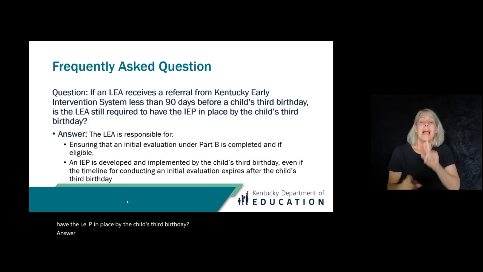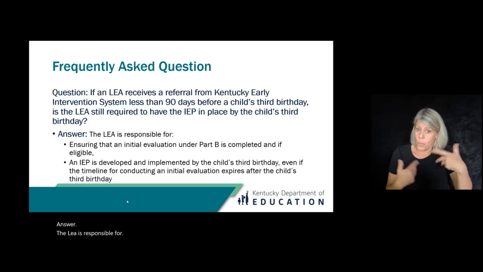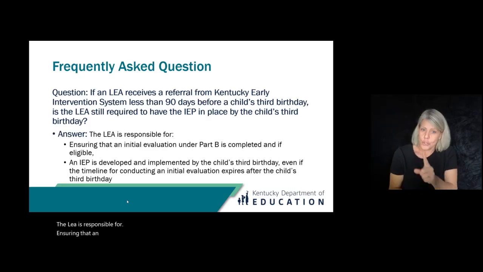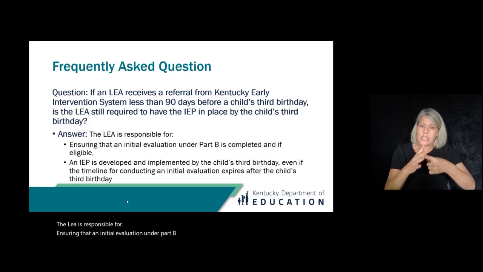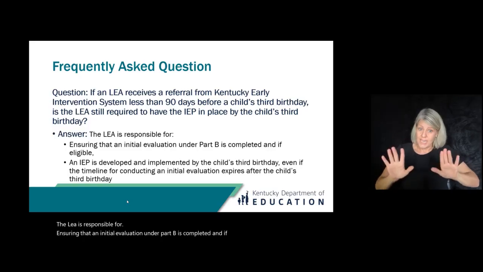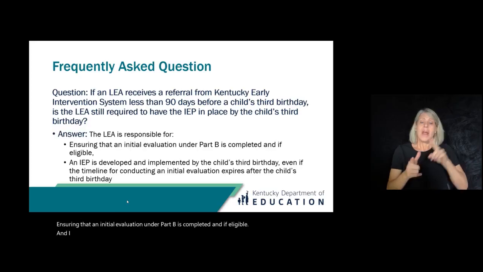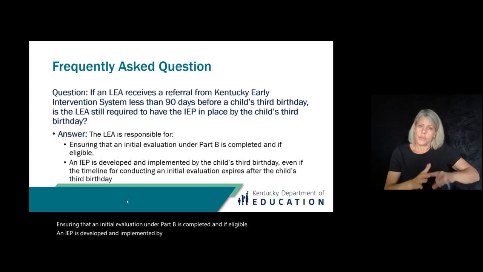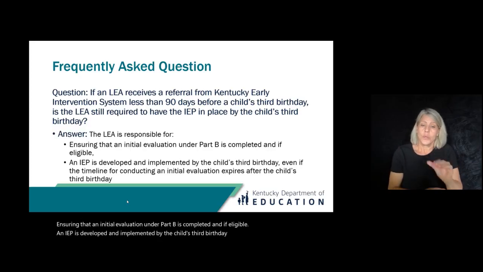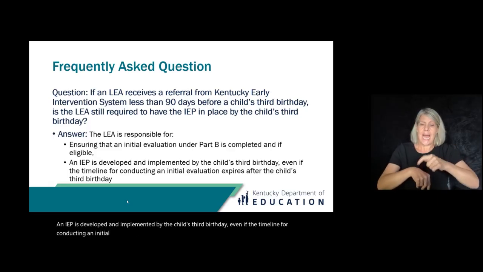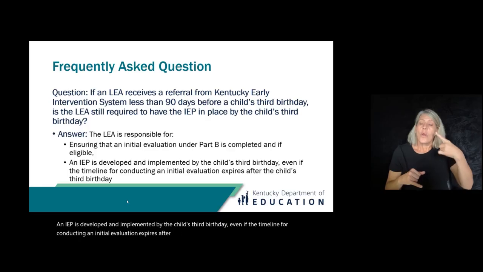Answer. The LEA is responsible for ensuring that an initial evaluation under Part B is completed and, if eligible, an IEP is developed and implemented by the child's third birthday, even if the timeline for conducting an initial evaluation expires after the child's third birthday.